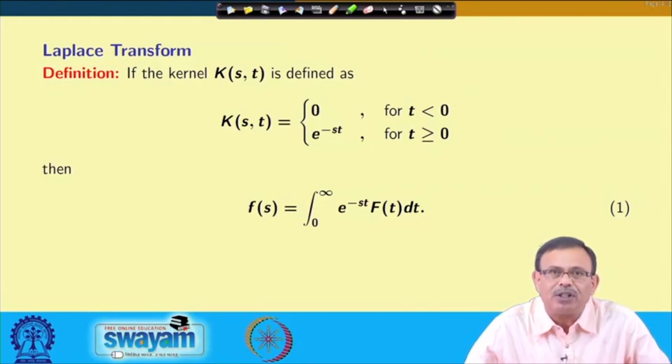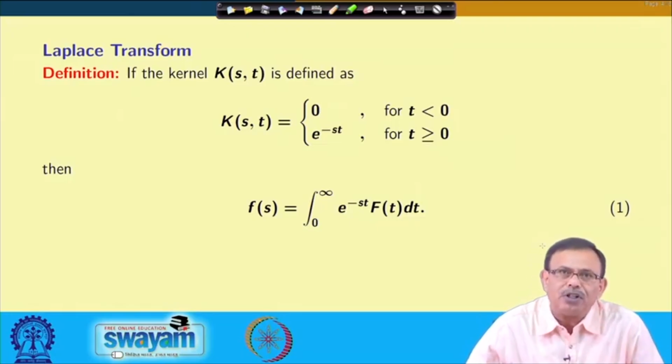So, you have a function F(t). The Laplace transform of the function capital F(t) is denoted by small f(s) and is defined as the integral from 0 to infinity of e^(-st) F(t) dt.